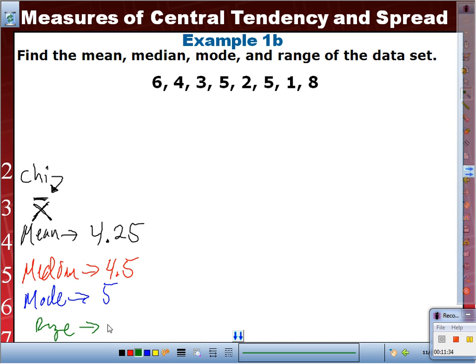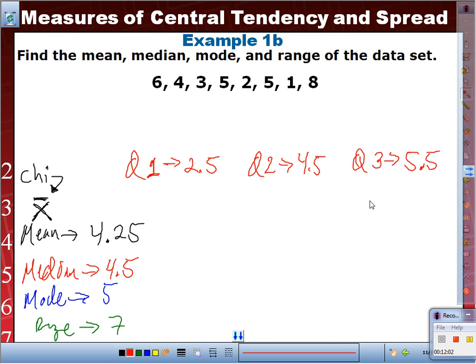Eric. 7. How about Q1? 2.5. Hands if you got that. That is correct. How about Q2? Deoni. 4.5. And how about Q3? Go ahead, Diego.